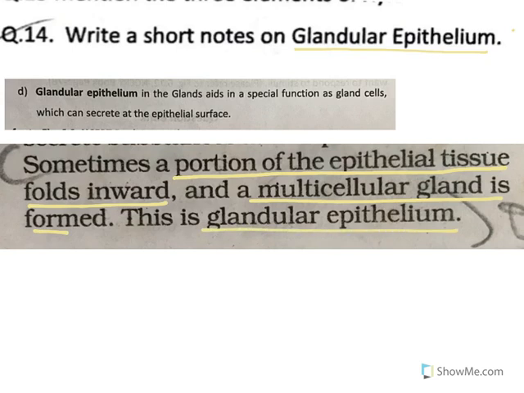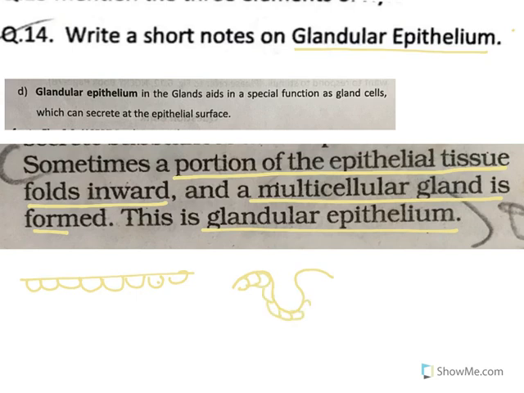This is glandular epithelium. So you have the normal epithelium like this with these cells here. This glandular epithelium sometimes folds inwards. I've shown it in the explanation.